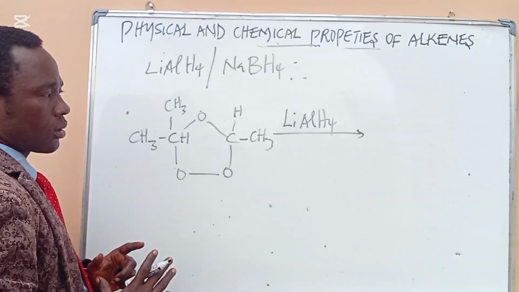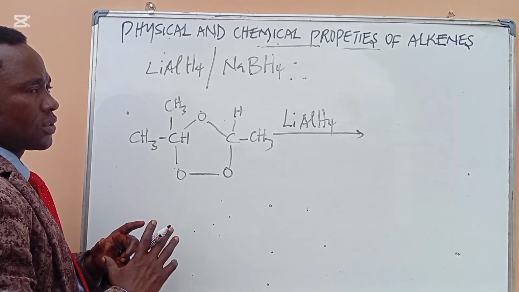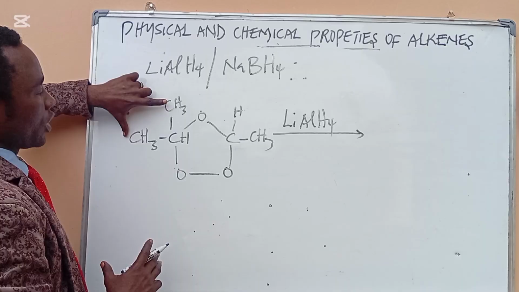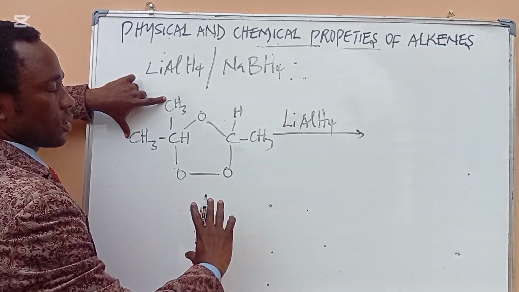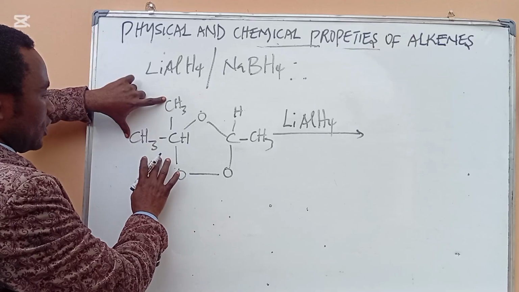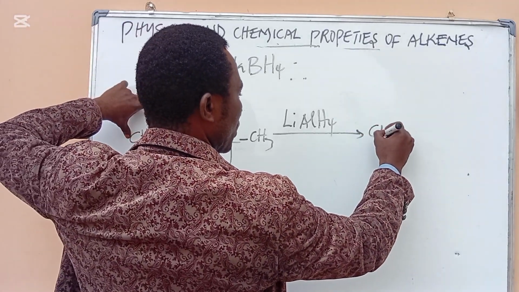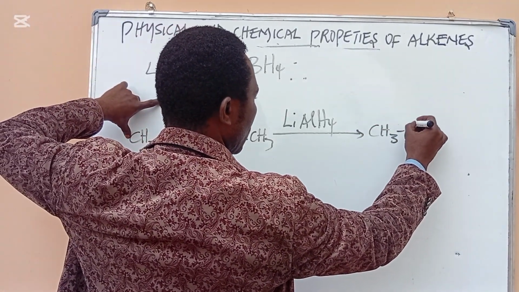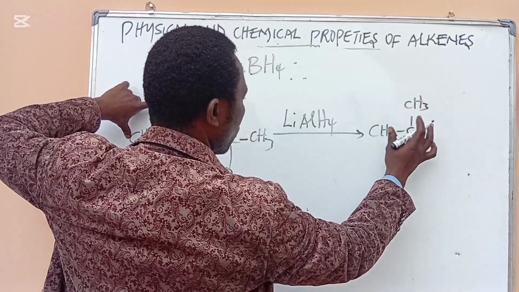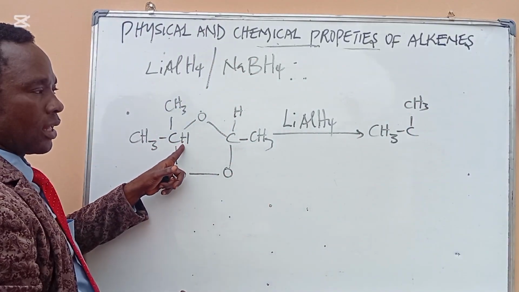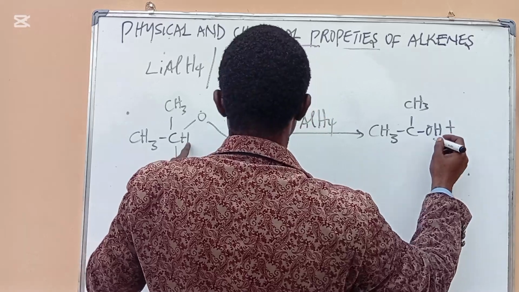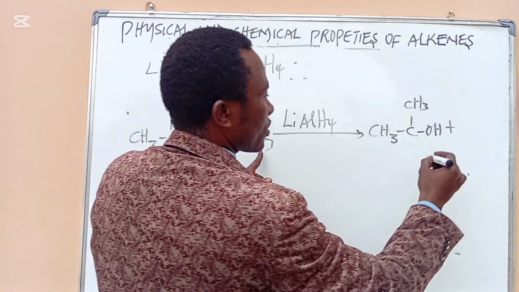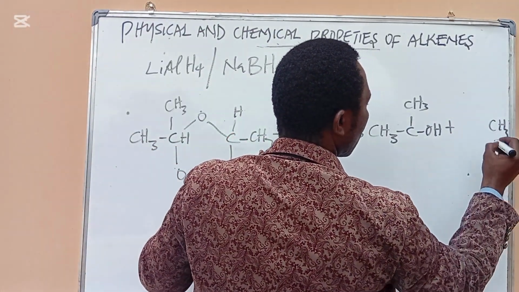what will be formed is primary alcohol and secondary alcohol. How is this? We will get CH3, CH3, which is this. Then the hydrogen here is OH. Then plus the other side, we have CH3, okay?